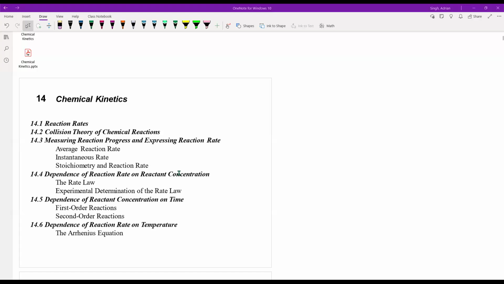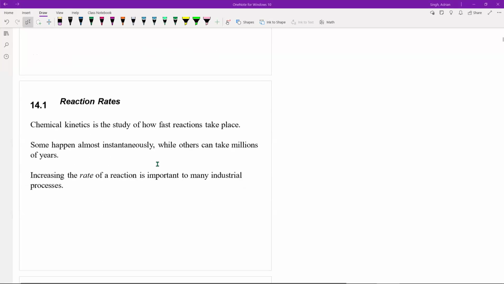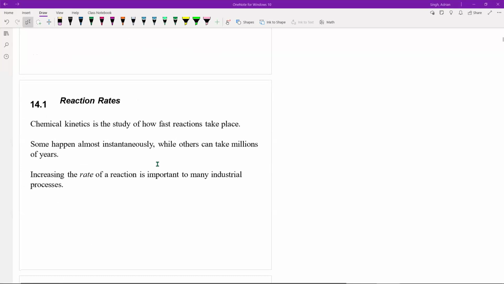Okay, so in this section, what we are going to take a look at is chemical kinetics. And kinetics is all about the study of how fast or how quickly reactions actually take place.